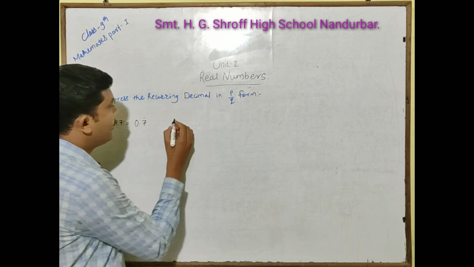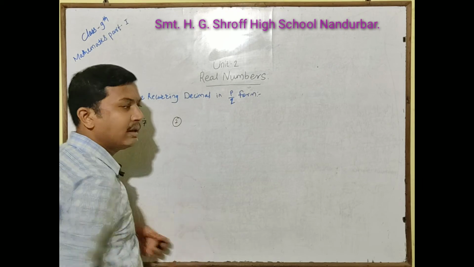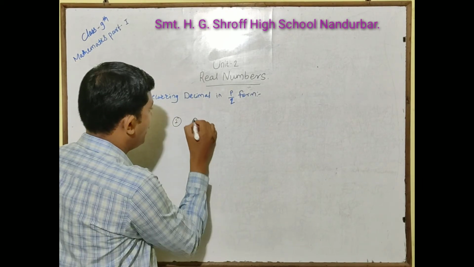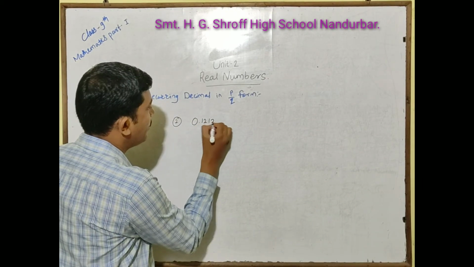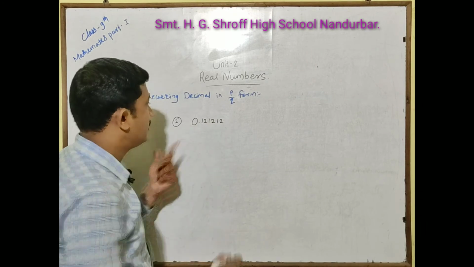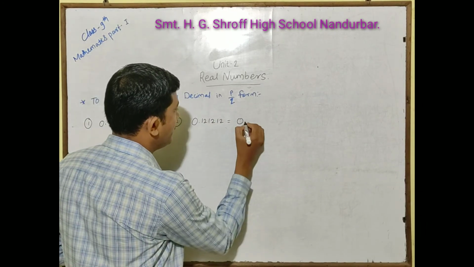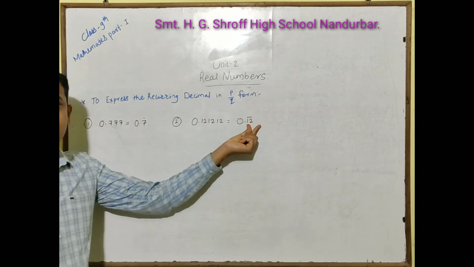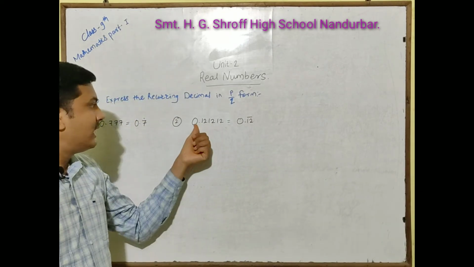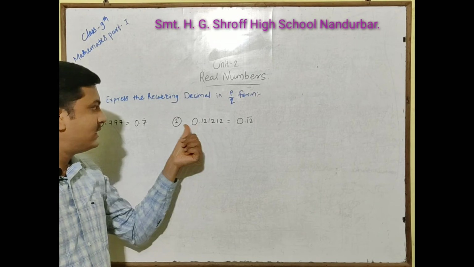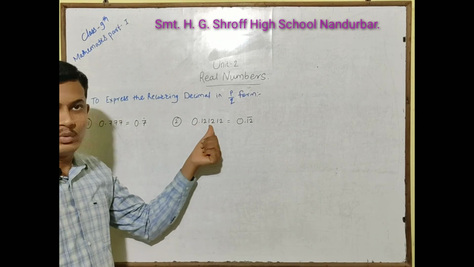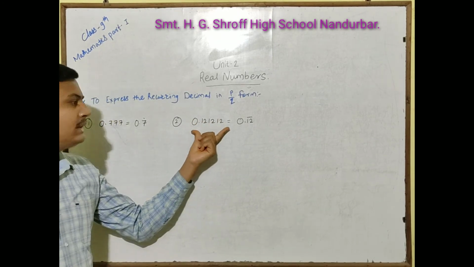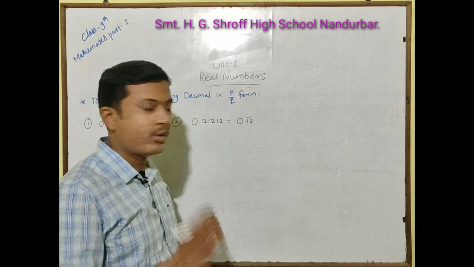If two digits are recurring, for example 0.121212, we can write 0.12 with a bar over the 2 digits after the decimal point. This is the rule to read the number after the decimal point.